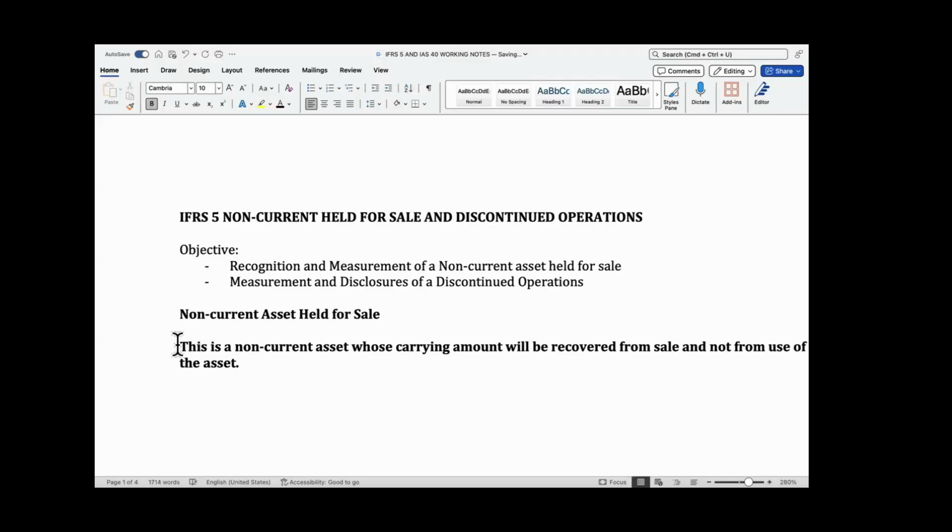So when an entity has the intention that it wants to sell this asset, then that asset becomes a non-current asset held for sale.